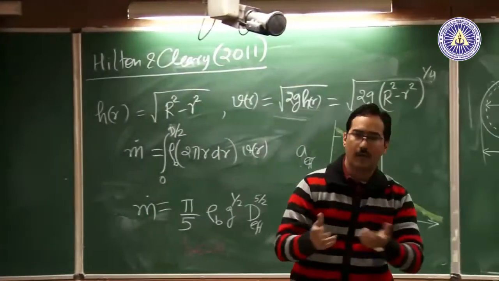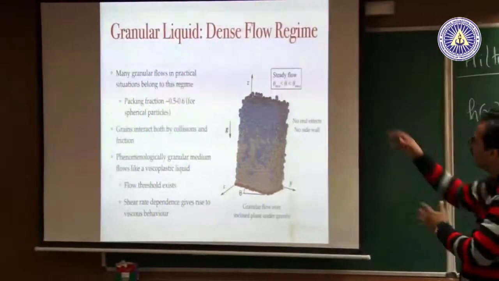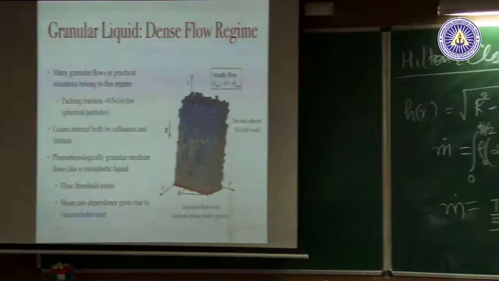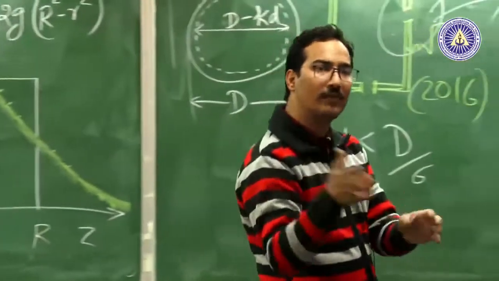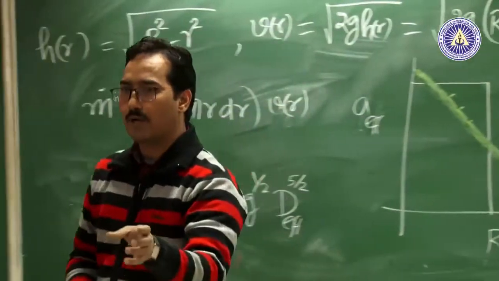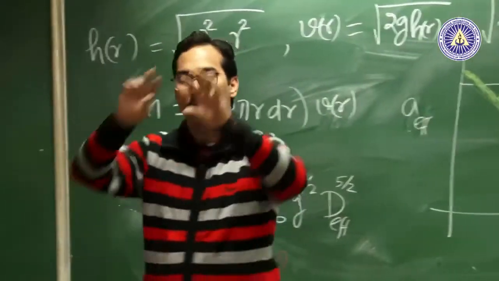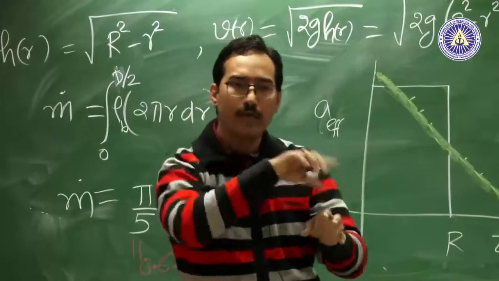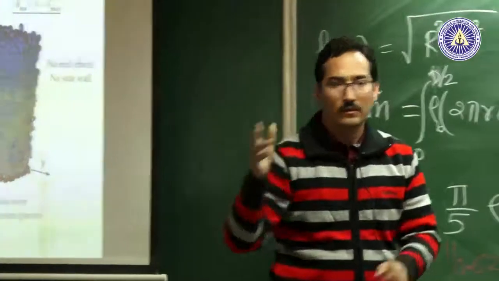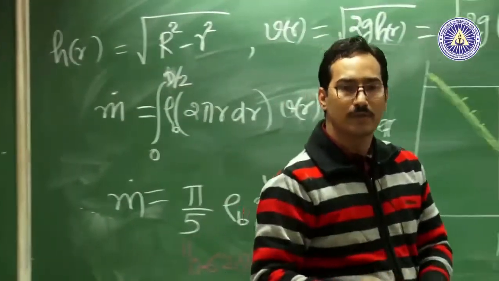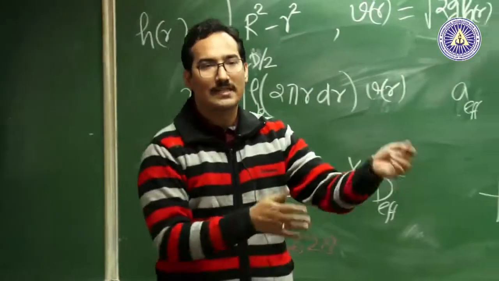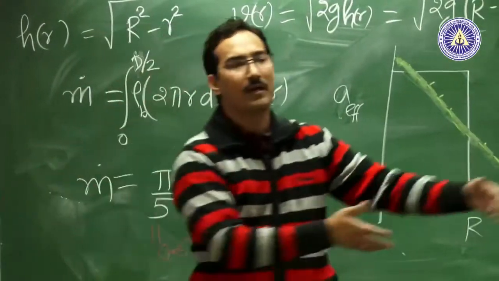When you have flow through, let's say, even a hopper, close to where your flowing region is, your packing fractions are of course far from random close packing, which is what you will have in most of the other part. But in the flowing region you have packing fractions typically, again I am talking about monodispersed spherical particles, between 50 to 60%.